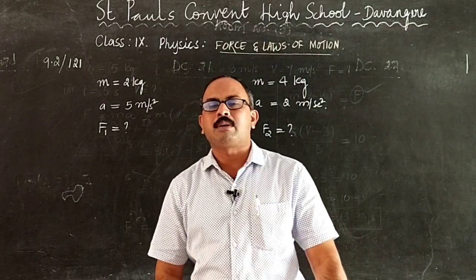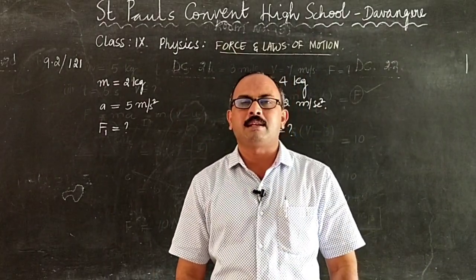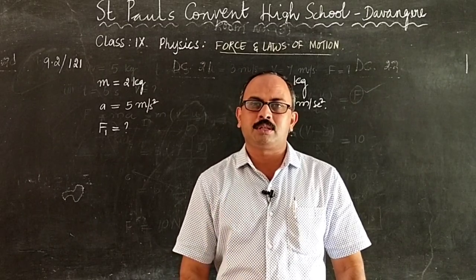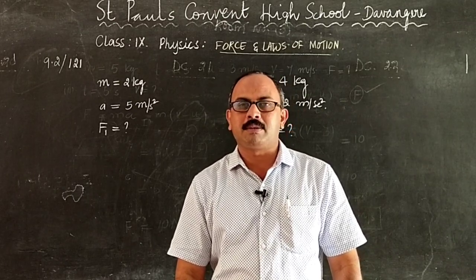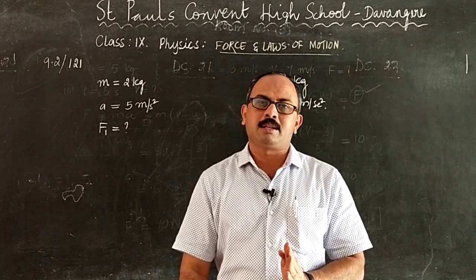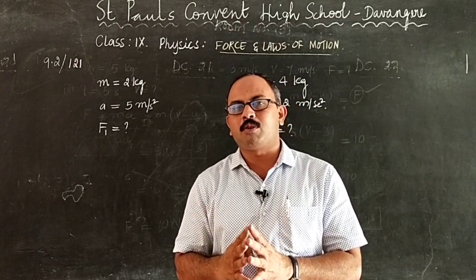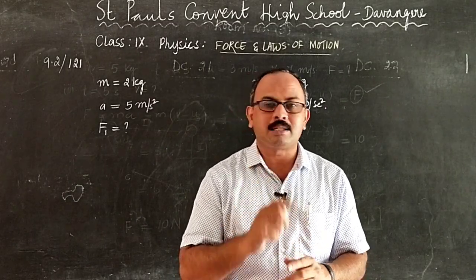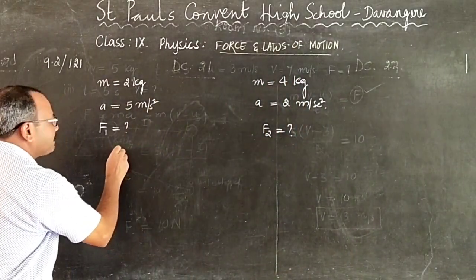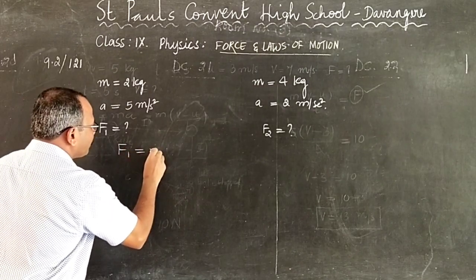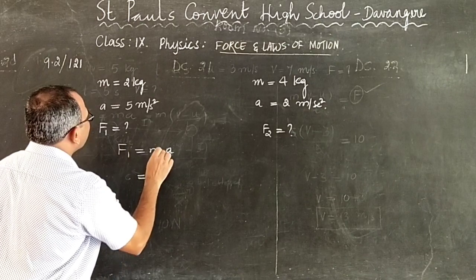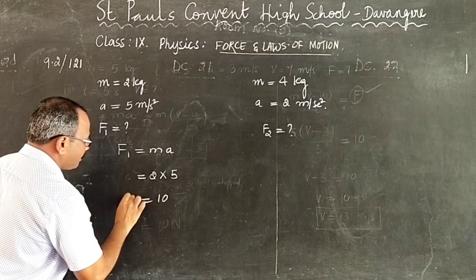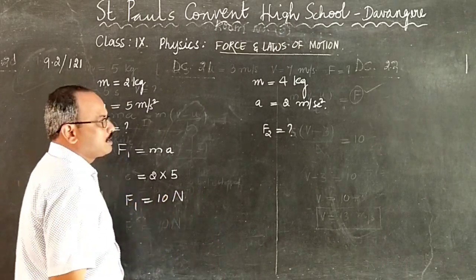First, we shall calculate F1 using the formula F is equal to m into a as per Newton's second law of motion. This law gives the relationship between force, mass and acceleration. The acceleration produced in the body is directly proportional to the applied force and inversely proportional to the mass. Therefore, F1 is equal to m into a, mass is 2 kg, acceleration is 5, so F1 is 10 Newton.